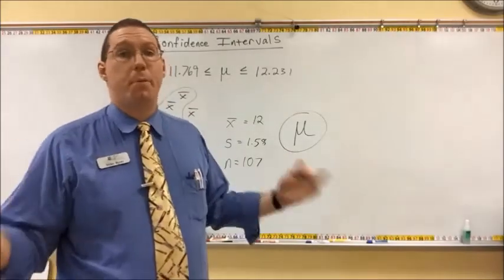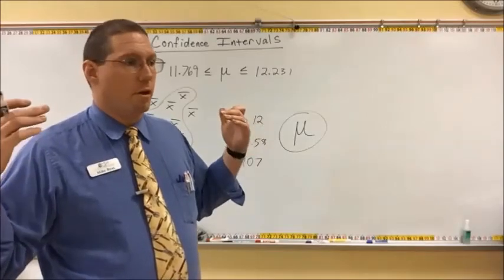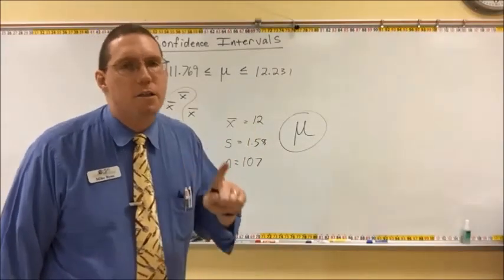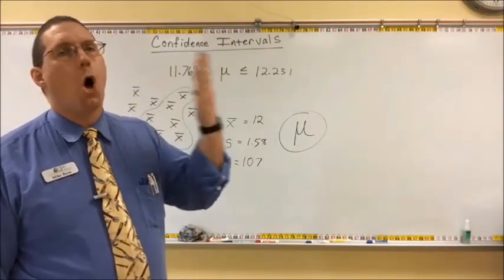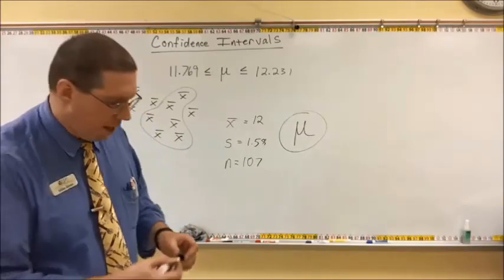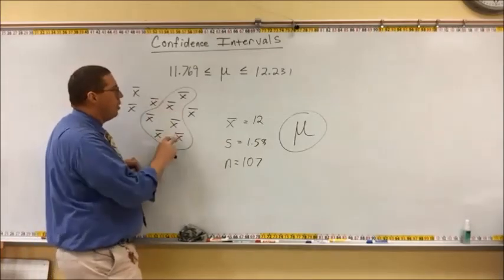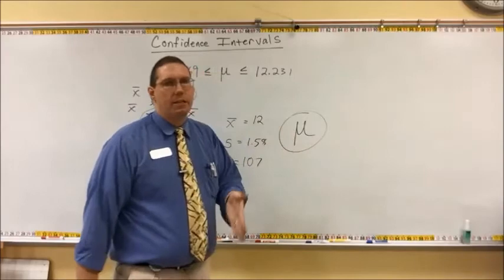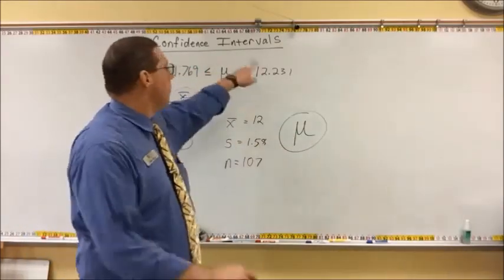Remember, there's billions or trillions or quadrillions or whatever, huge, gigantic number of possible samples that we could take. And when you think of all of those possible samples that we could take, what we're going to say is that 87% of them will have the actual population mean within the interval that you come up with.